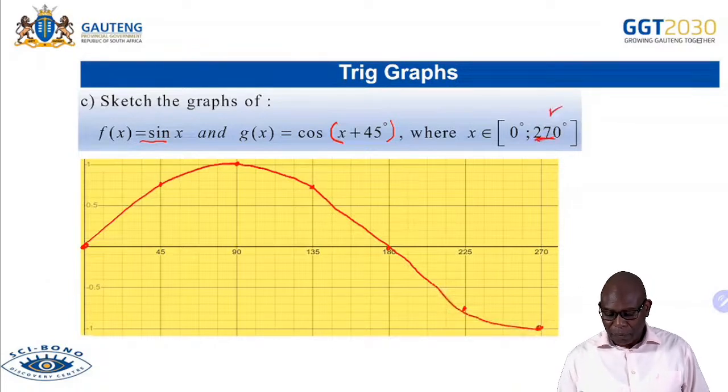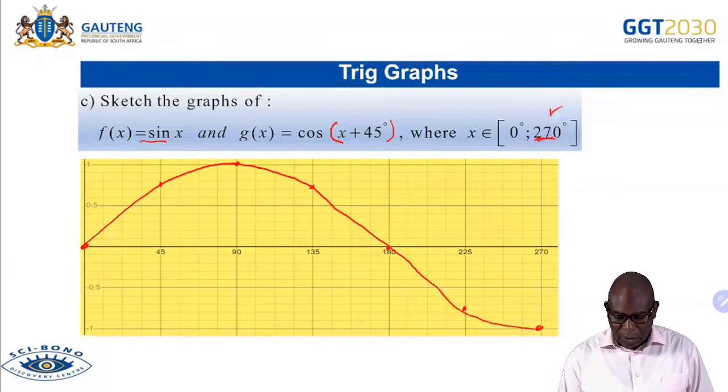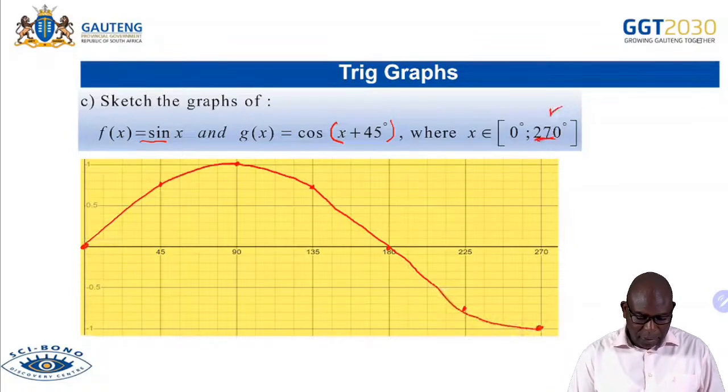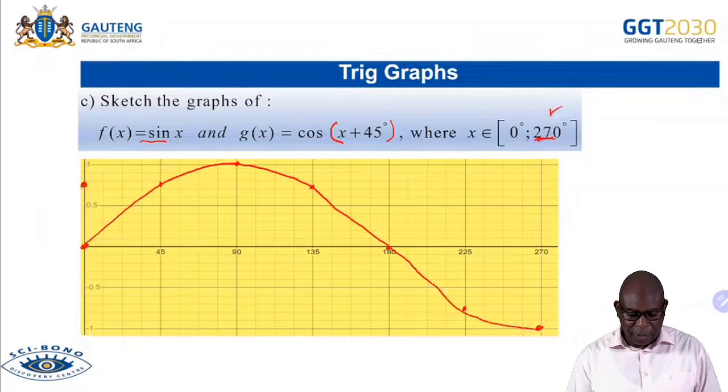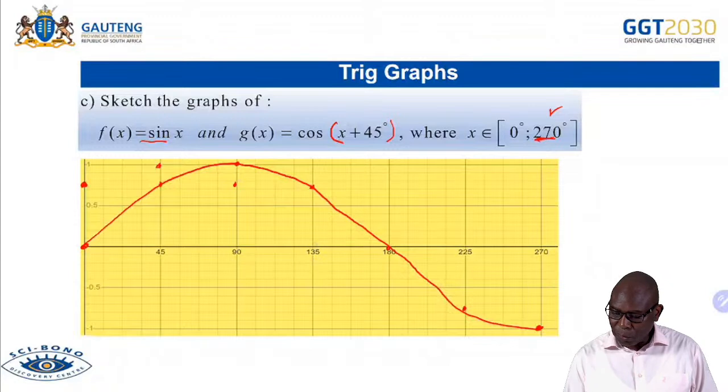Right. So now, how do I then draw the graph of G? Same thing. At 0, you're going to have cos of 45. So at 45, it will be somewhere there. At 90, I think it will be somewhere here, so 0.707.